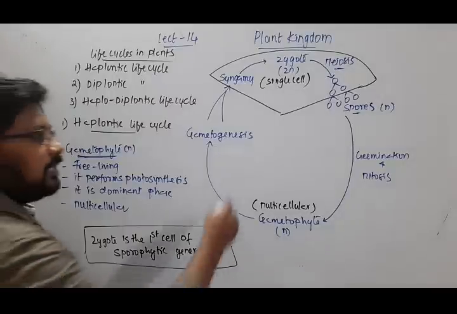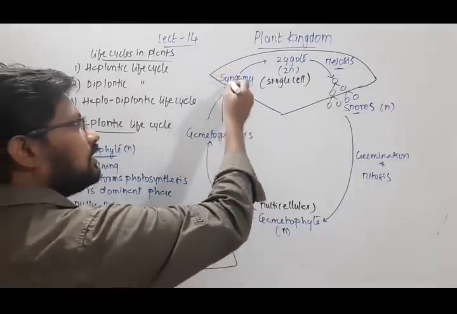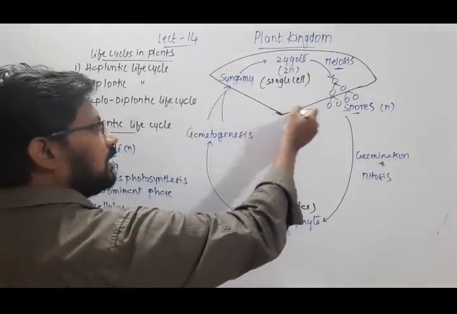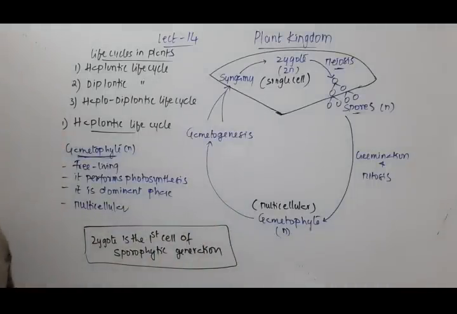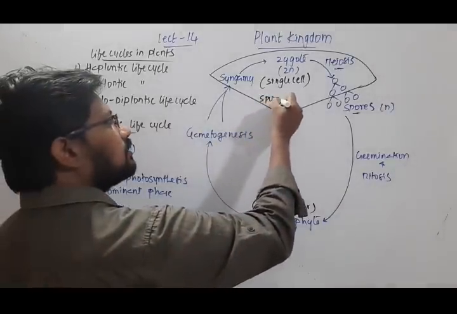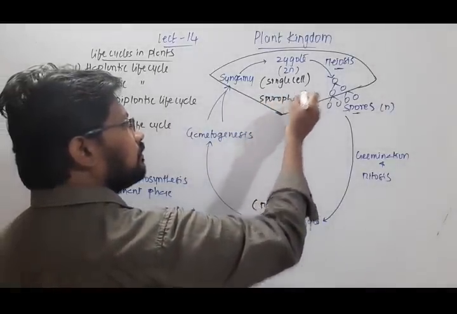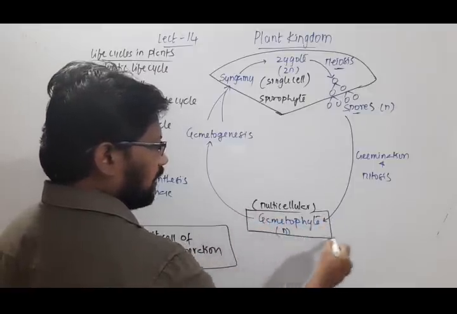So this is the sporophyte, and the remaining all is the gametophytic generation.